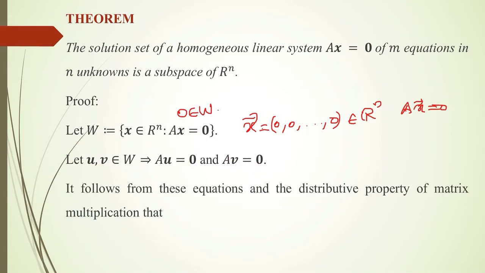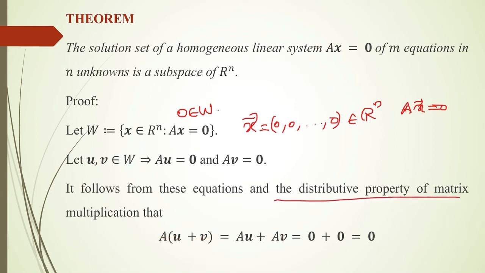Now what is A times (u plus v)? It will be Au plus Av because matrix multiplication is distributive. So I can write A times (u plus v) as Au plus Av, which is 0 plus 0, which is equal to 0.